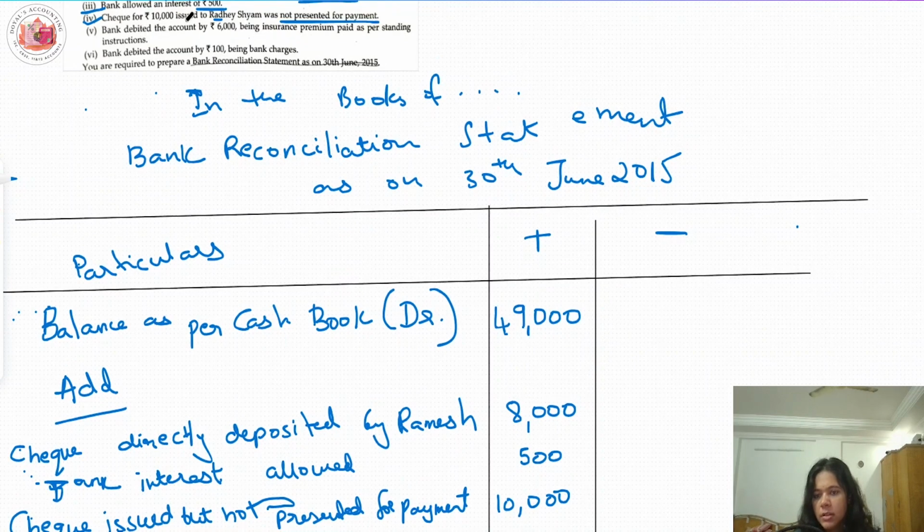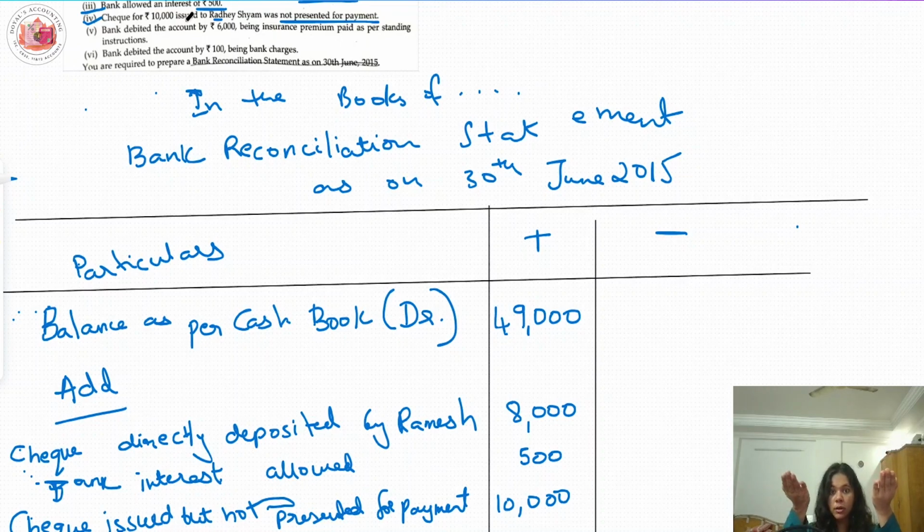See, a check for 10,000 has been issued to Radhe Shyam, but I did not present that check to Radhe Shyam. In my cash book, so now this is my cash book and this is my passbook. My cash book balance is lesser and my passbook balance is more.